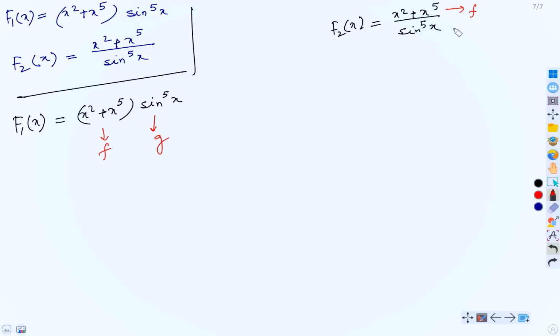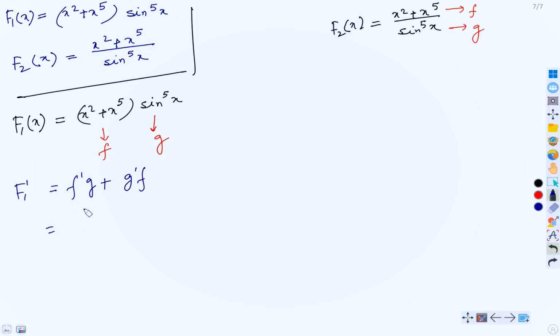This is our f and this is our g. Okay, so let's now solve it. So the formula is f1 dash is f dash g plus g dash f.